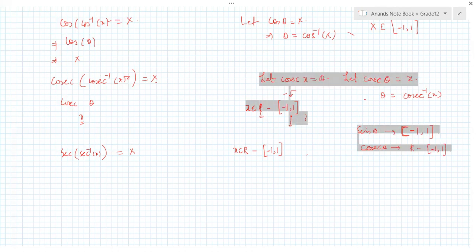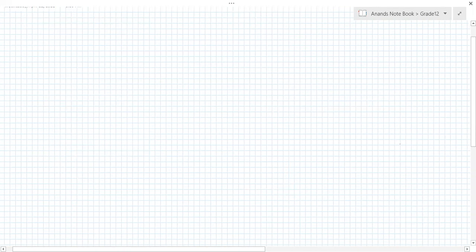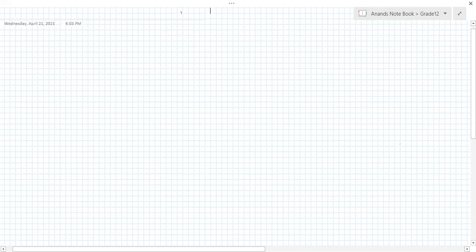The next set of proofs are 1 by x. You'll have to quickly learn them. What about tan? For tan, the domain is x belongs to real. Sine and cos is -1 to 1.